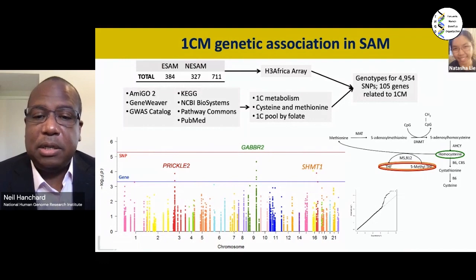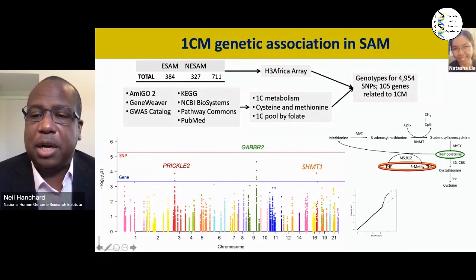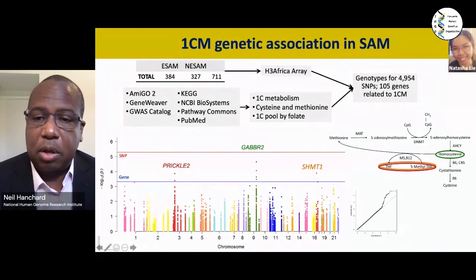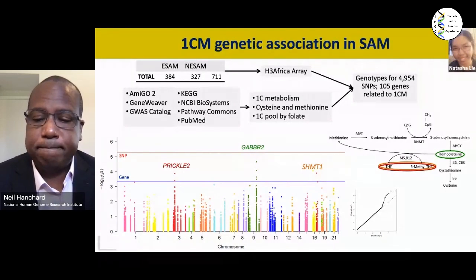And then we have SHMT1, which is the enzyme that converts 5-methyl tetrahydrofolate into tetrahydrofolate in the remethylation of methionine. So at least the top SNPs are all culminating on this area where we're remethylating methionine, which of course is an essential amino acid.